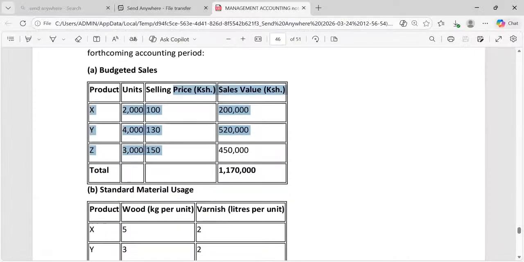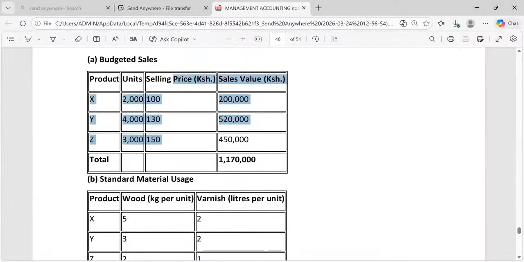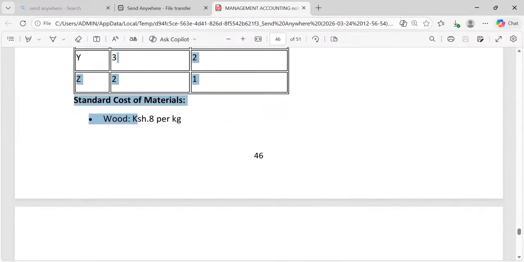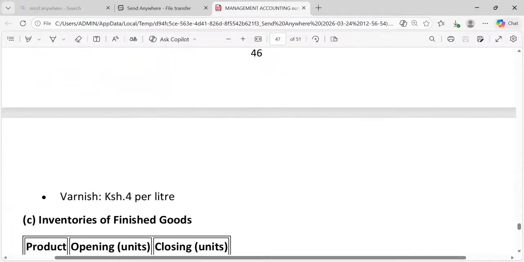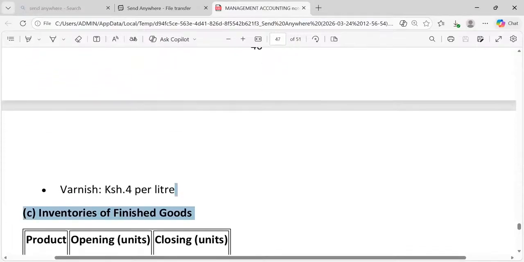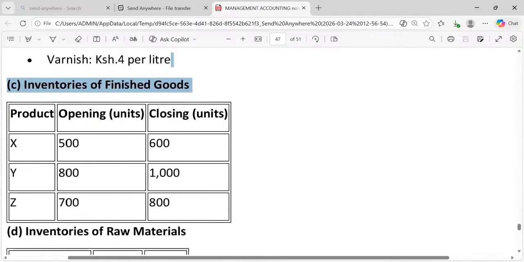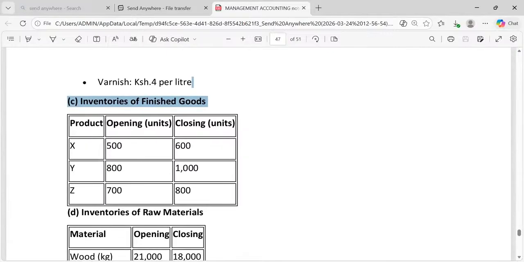Remember, you will have two types of inventories: inventories for finished goods and inventories for raw materials. We are selling what is finished, so when you talk of closing inventory, we are looking at inventories of finished goods.